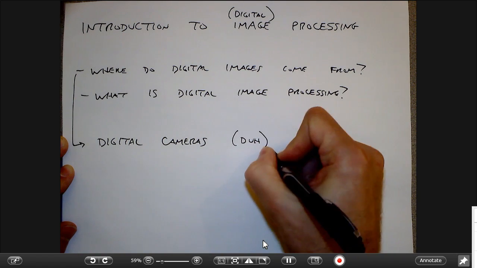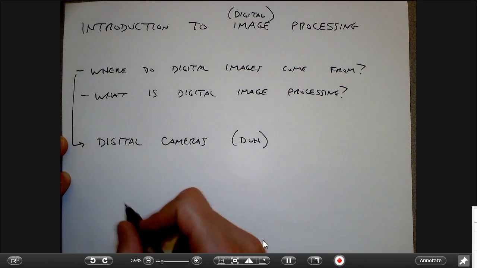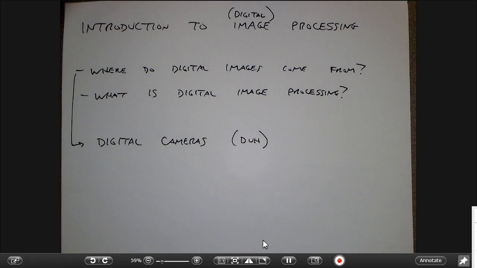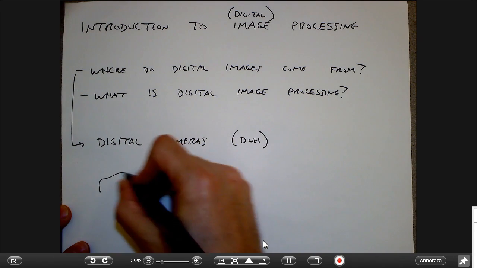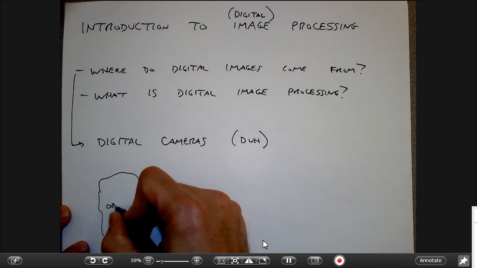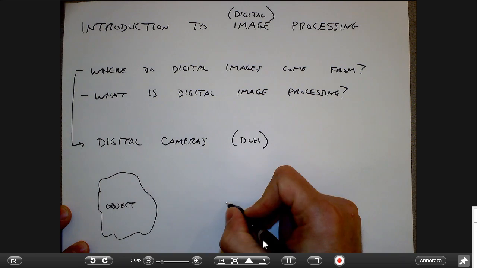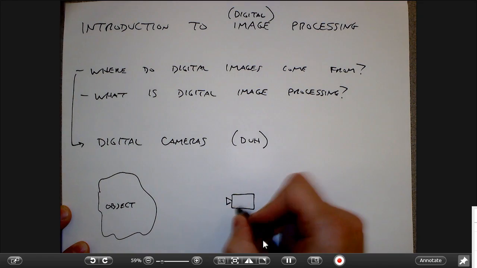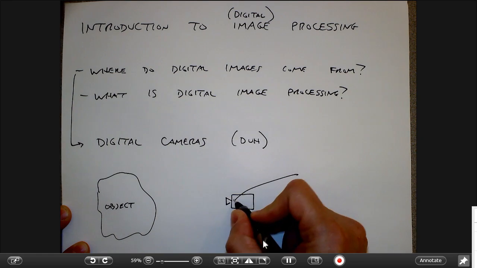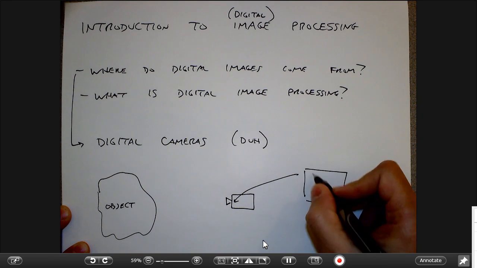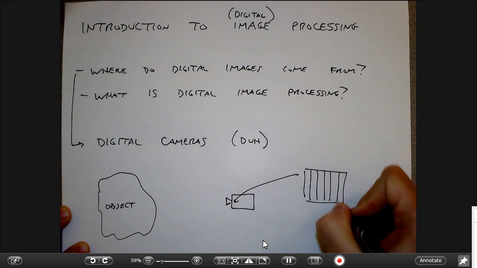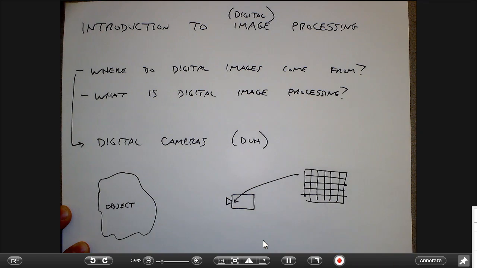Duh. And so the way that process works, and we're going to talk about this more a little bit next week, the image formation process, is that you've got some object in the world, and then you have a digital camera that looks at it, and inside the digital camera is some sort of an array of pixels, usually a CCD array of pixels.